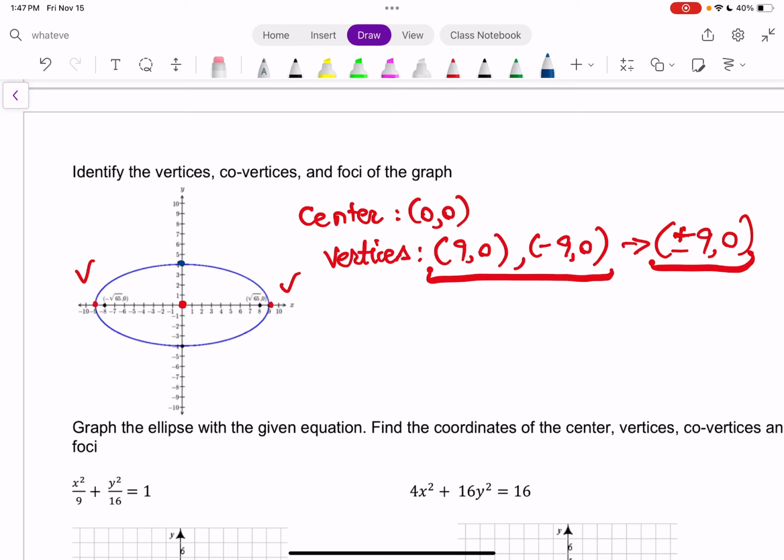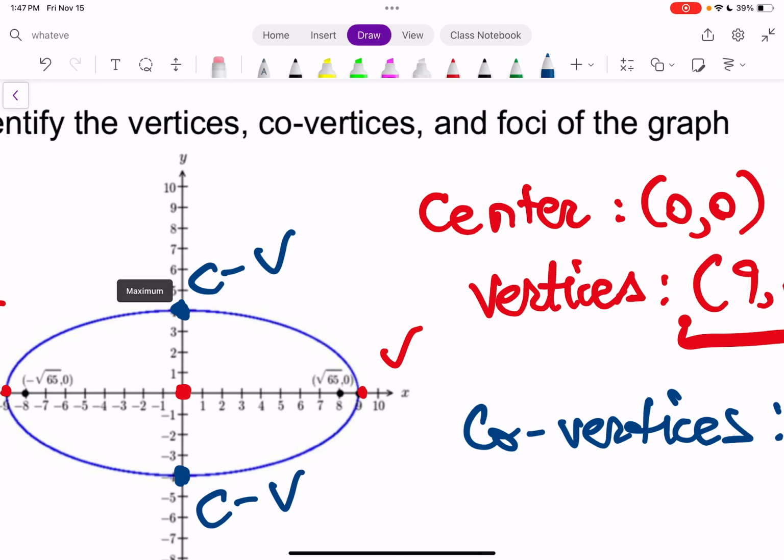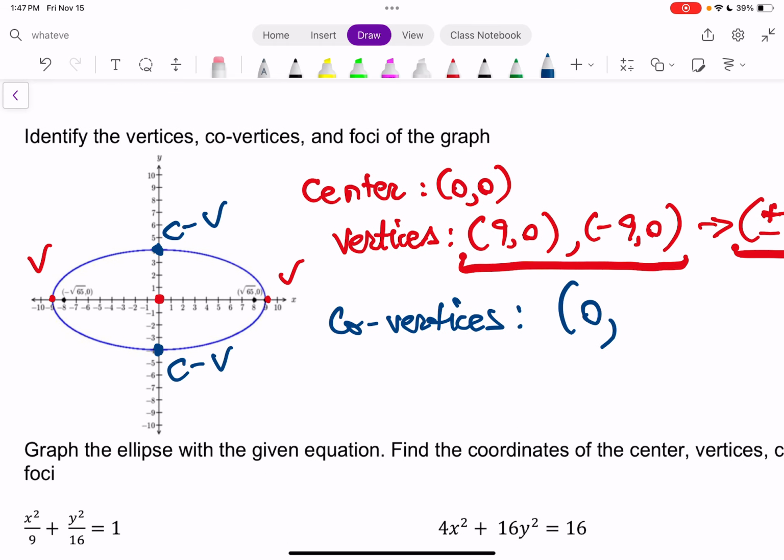The co-vertices are the points on the shorter ends. As you see, these are points on the y-axis, so therefore the x-coordinates are 0. And as I zoom in, I see it's a 4, so plus minus 4 for y.